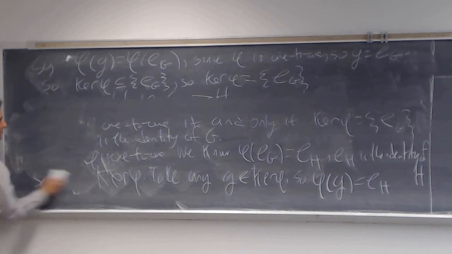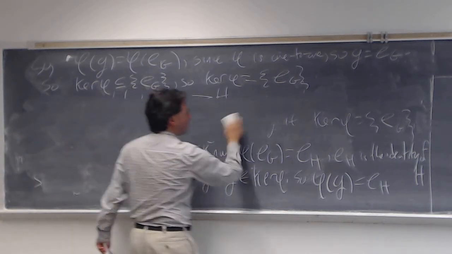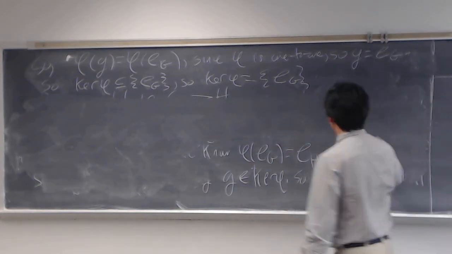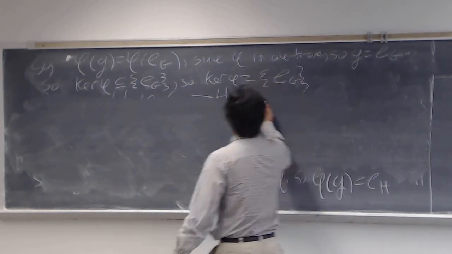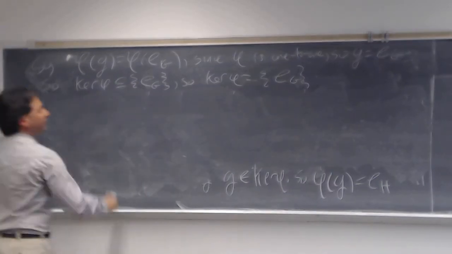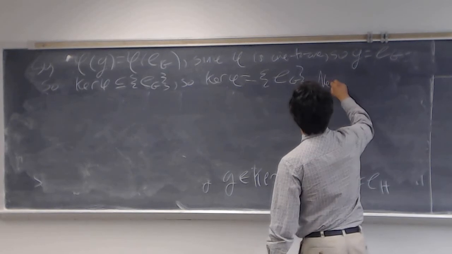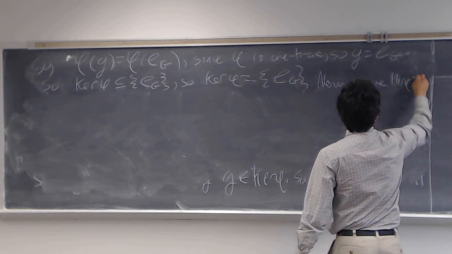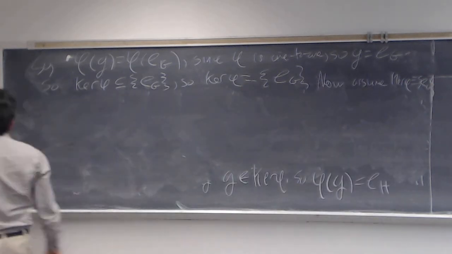Then let's prove it in the other direction: if the identity is the only thing in the kernel, then the mapping is one-to-one. So now assume that the kernel is just the identity. We want to show it's one-to-one.